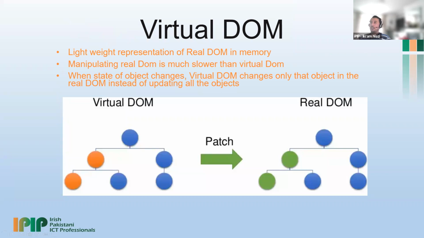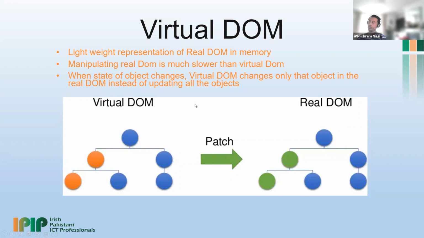So in React, as I said, it has a virtual DOM, which is lightweight, and it's the representation of a real DOM in memory. And React manipulates that DOM and it shows whatever nodes it wants to change. Then at the time of loading the UI, it patches into the real DOM.